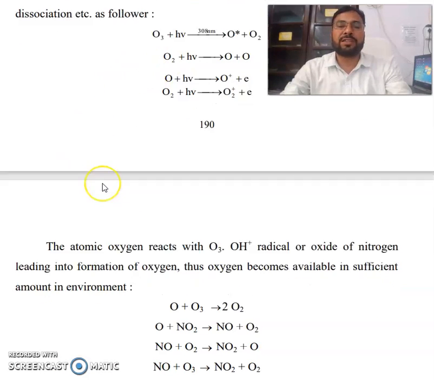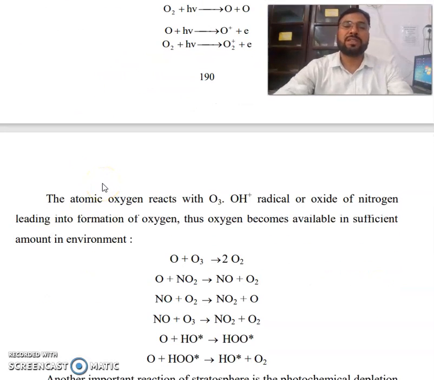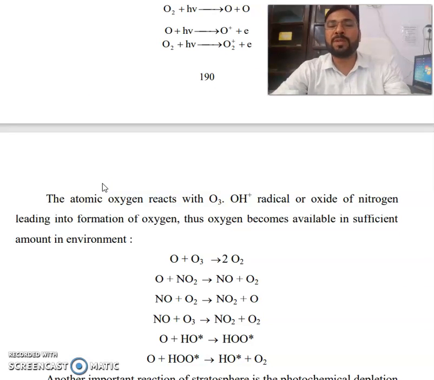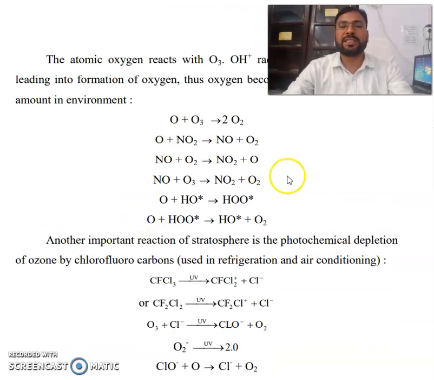So such types of reactions happen in the atmosphere. The atomic oxygens react with O3, OH radical or oxides of nitrogen, leading to the formation of oxygen. Thus oxygen becomes available in sufficient amount in the environment. Look at the reaction here.